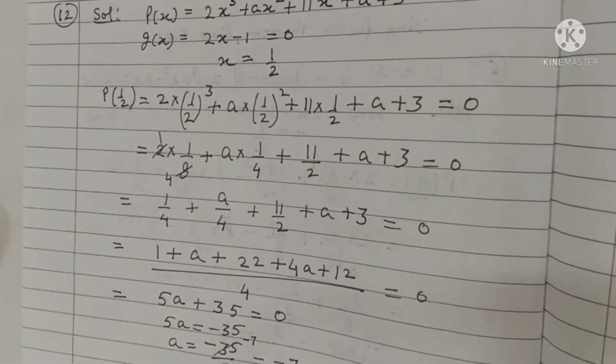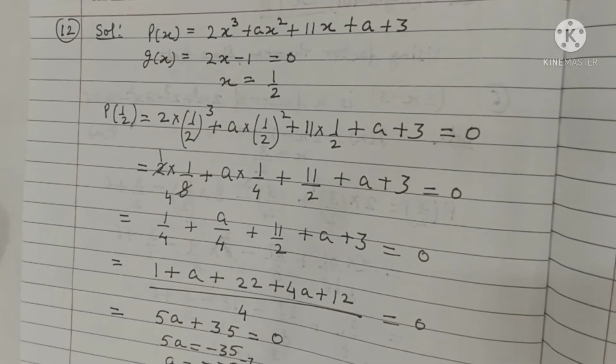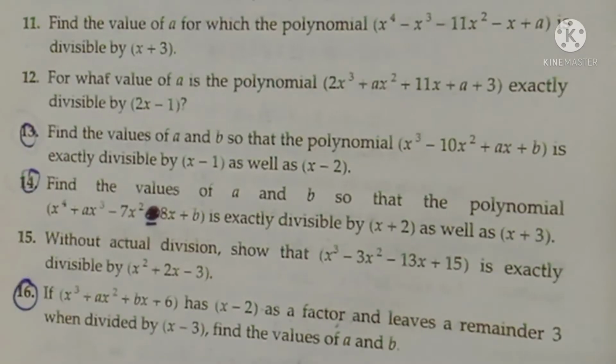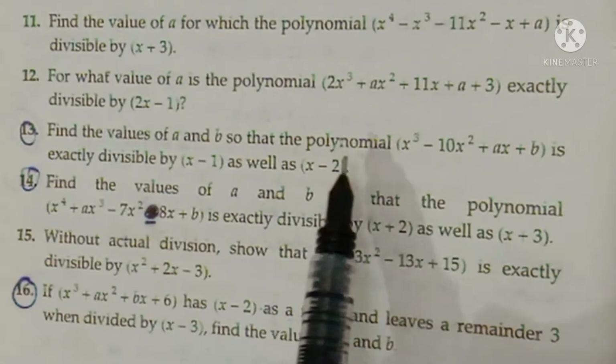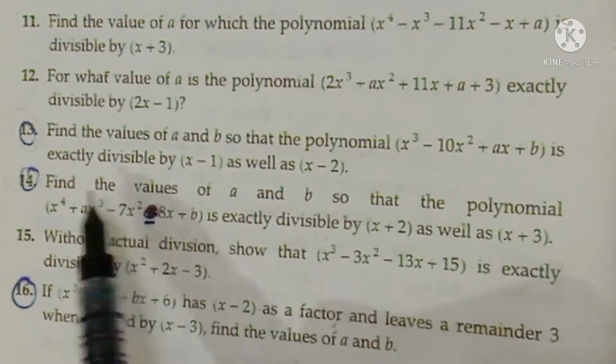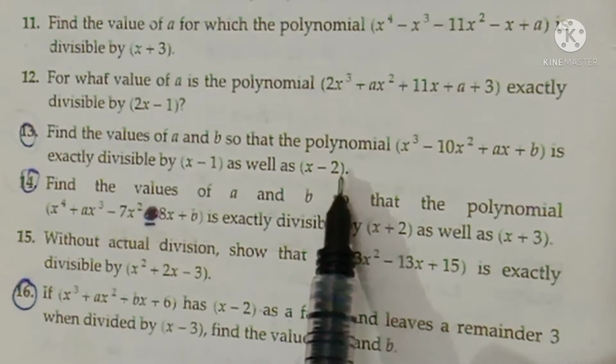This is the question number 12. Now come to the question number 13. Find the values of a and b so that the polynomial is exactly divisible by x minus 1 as well as x minus 2.